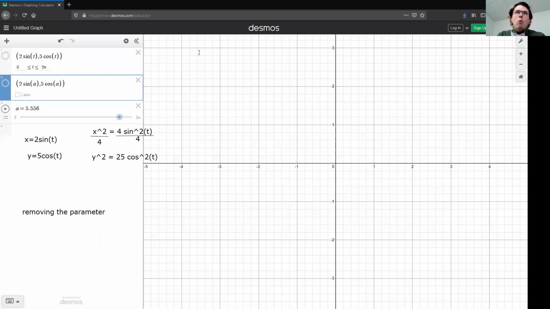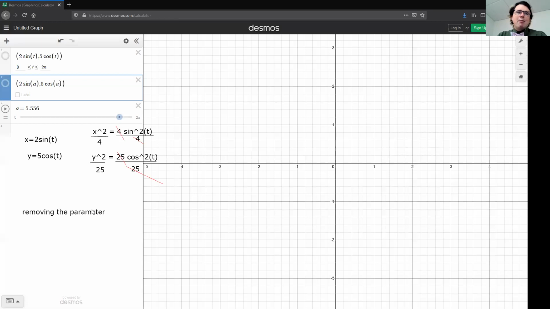And I'm going to divide my y equation by 25 on both sides. And I'm picking those numbers because I want the right-hand sides of these equations to just be sine squared and cosine squared.